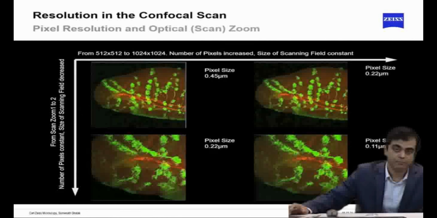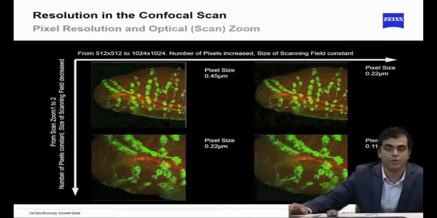But in addition, we can also create magnification for your image with the help of zoom. Now zoom here in a confocal system, as we have the virtue of selecting the pixelations of imaging by changing the number of pixels involved in imaging, we have the leverage of zooming in and zooming out without compromising on the resolution.